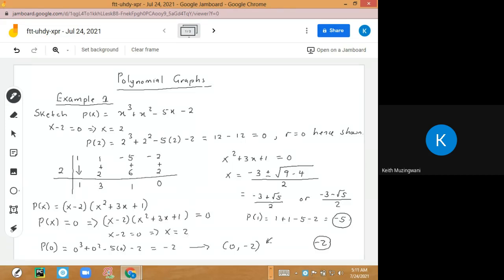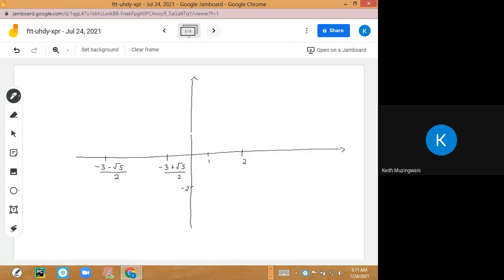So you've seen that this number is lower than negative 2, telling us that our graph will be of this nature, coming down, cut there freely, turn in this direction.